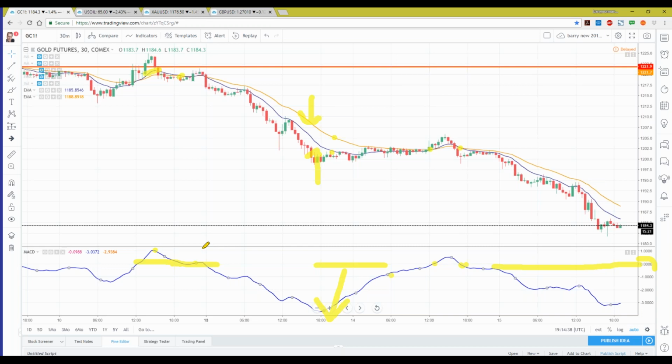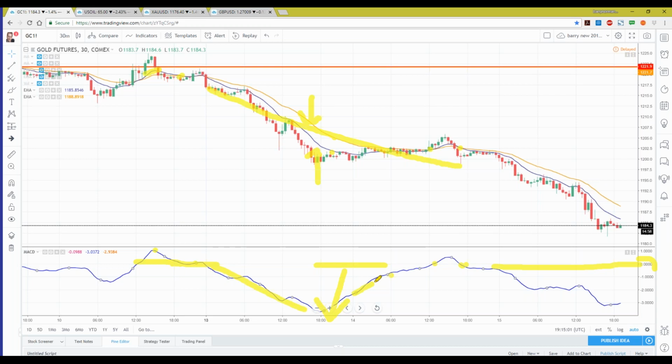So what do we have? Our MACD line down below tells us the entire story of these two EMA lines. So in a downtrend, we would expect to see the MACD line moving downward.